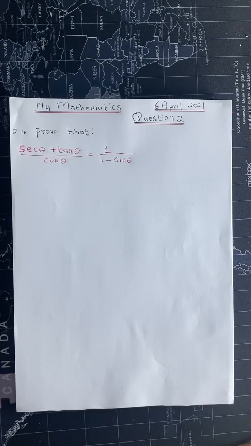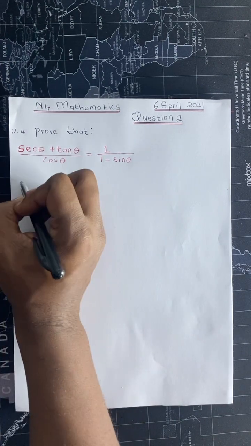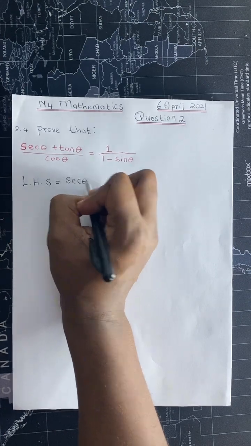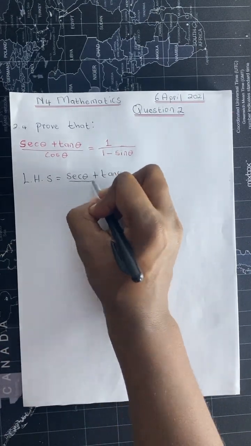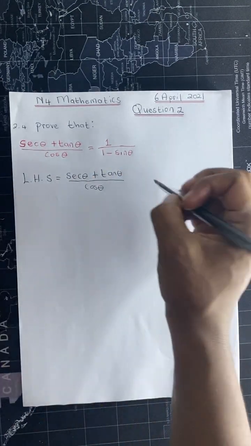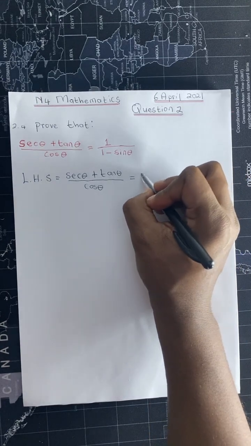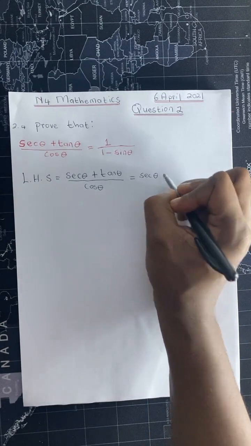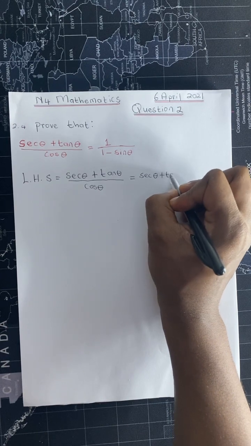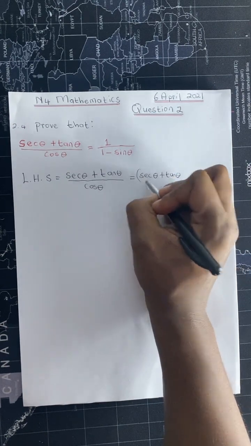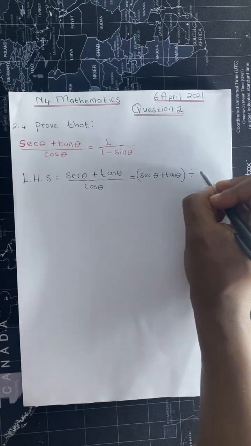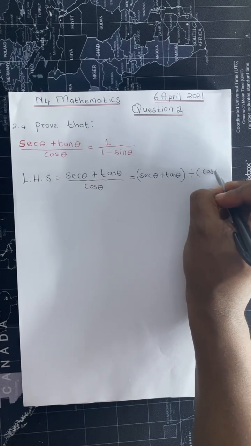Question 2.4, we have to prove that sec theta plus tan theta divided by cos theta is equals to 1 divided by 1 minus sin theta. So let's take the left hand side and this will be equals to sec theta plus tan theta divided by cos theta.